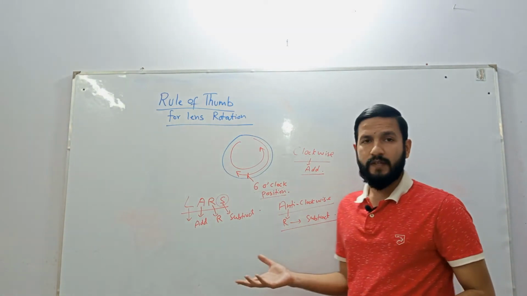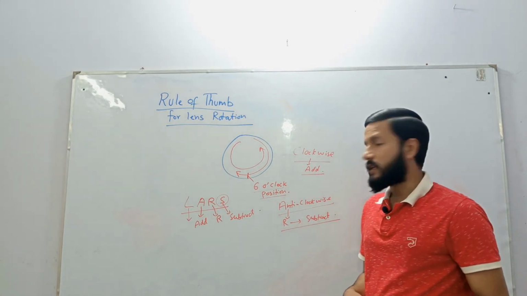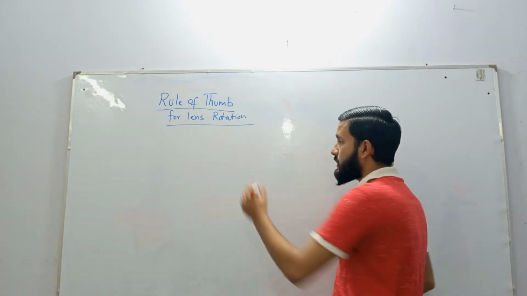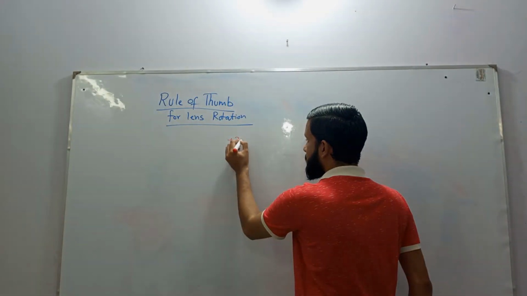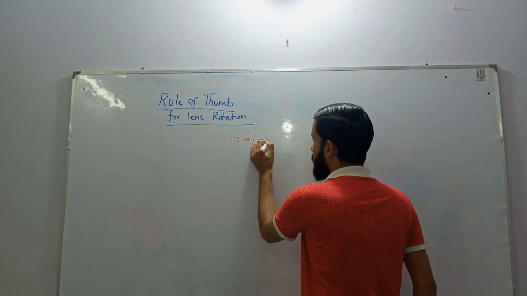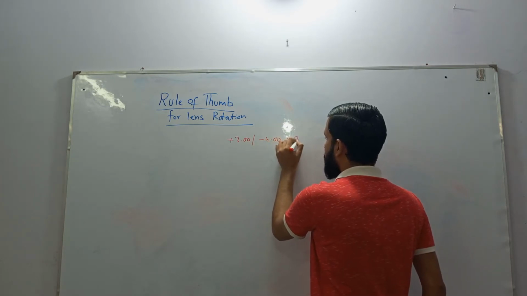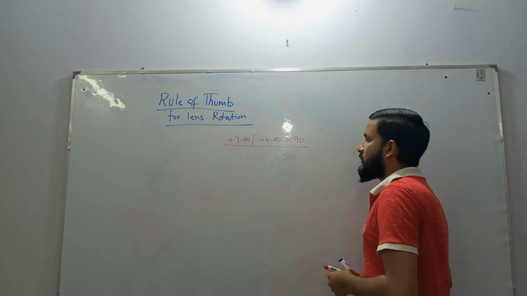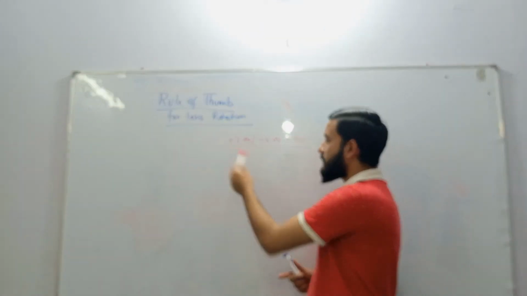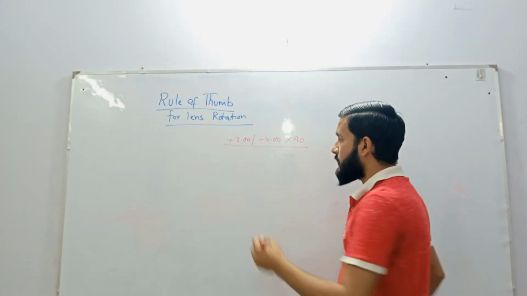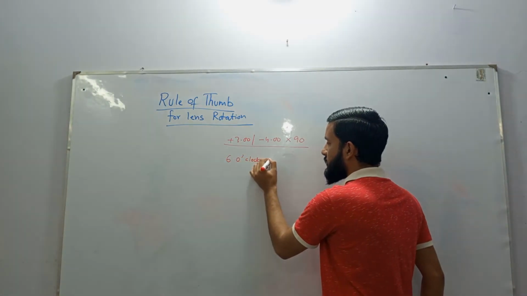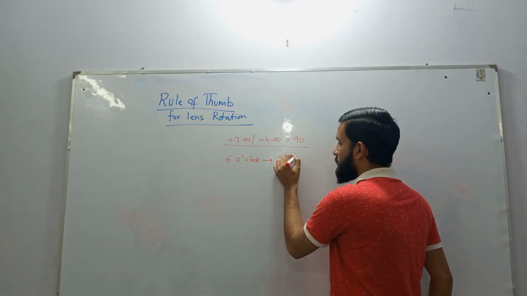Let's do a couple of examples so that we can see how it works. Let's suppose we have a patient with prescription +3 and -4 cylinder at 90 degree. When we are assessing the fit of this soft toric contact lens, we observe that the 6 o'clock position mark was present at 7 o'clock.